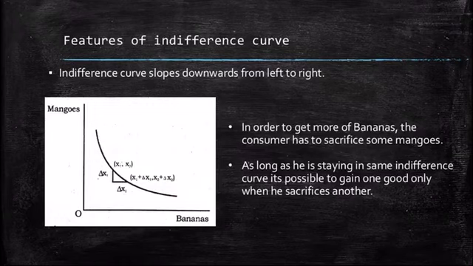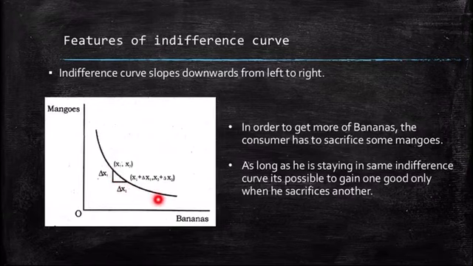So whenever the consumer is sacrificing one good and gaining another good, he can stay on the same indifference curve. If the consumer does not sacrifice mangoes and at the same time gains an extra unit of banana, it means that he is getting a higher level of satisfaction and it takes him to a higher indifference curve.